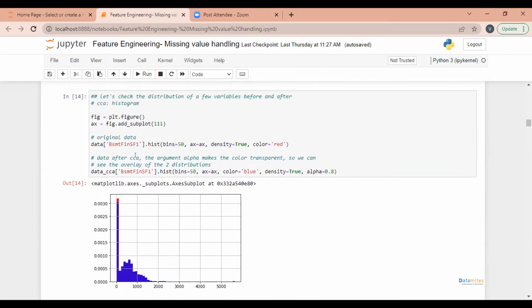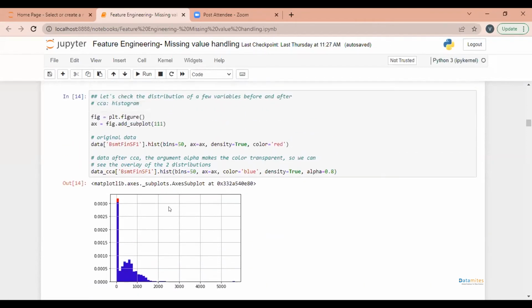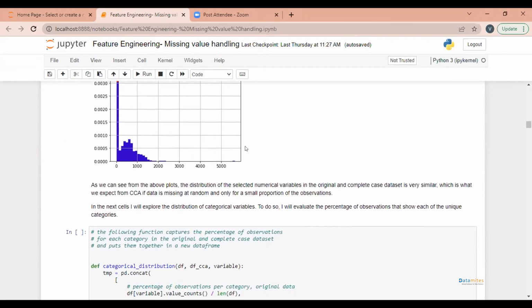Even in the case of basement fin SF1, the red one is before and the blue is after CCA, and we can see the distribution is quite preserved. So if the data set is missing at random and if the proportion is less than 5%, we can go ahead with CCA. The distribution has been preserved.